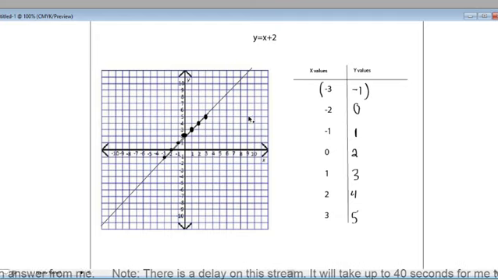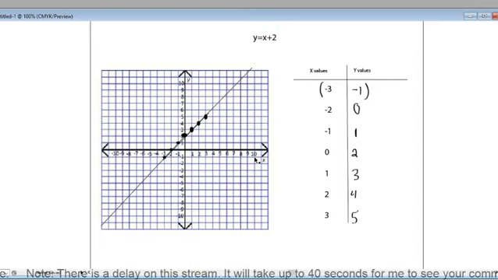Well, it's going to go all the way up here. It's going to be at 11. What happens if we plug in negative 5 for x? Well, it's going to go down here to negative 3. So again, we can predict what the rest of this function is going to do based on its graph, which is why graphs are nice. They show us the overall behavior of one of these linear equations or functions.